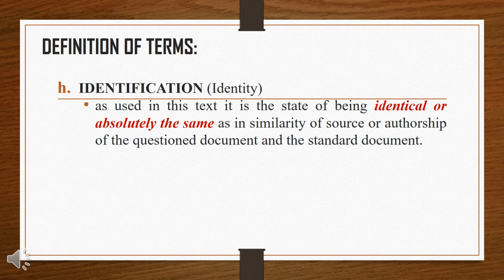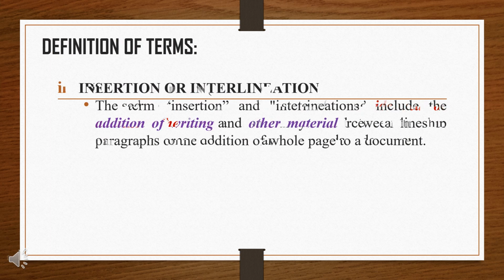Identification, identity. As used in this text, it is the state of being identical or absolutely the same, as in similarity of source or authorship of the questioned document and the standard document. Insertion or interlineation.